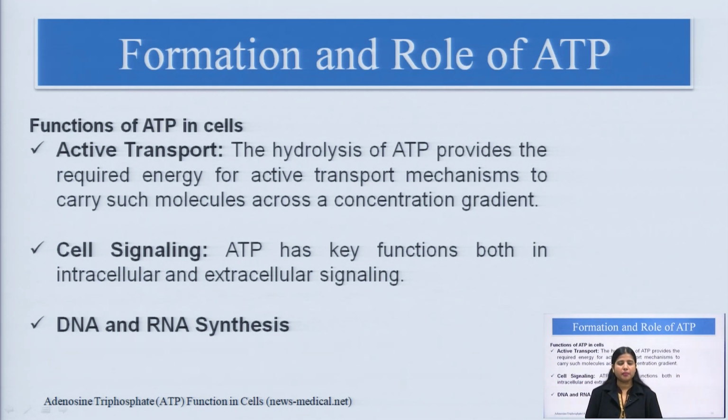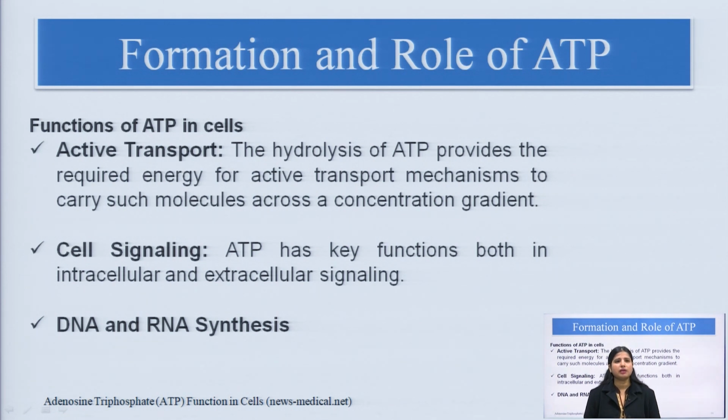In active transport, if we want the content to move from lower to higher concentration, at that time we require energy, we require the ATP. So, active transport means the hydrolysis of ATP provides the required energy for the active transport mechanism to carry such molecules across the concentration gradient.